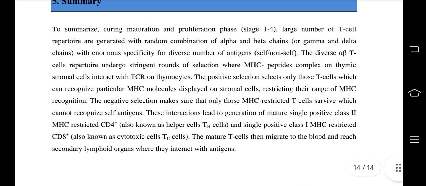To summarize, during the maturation and proliferation stage, a large T cell repertoire is generated with random combinations of alpha and beta genes or gamma and delta genes, with enormous specificity for a diverse number of antigens, self or non-self. The diverse alpha beta T cell repertoire undergoes stringent rounds of selection where MHC peptide complexes on thymic stromal cells interact with TCR on thymocytes.